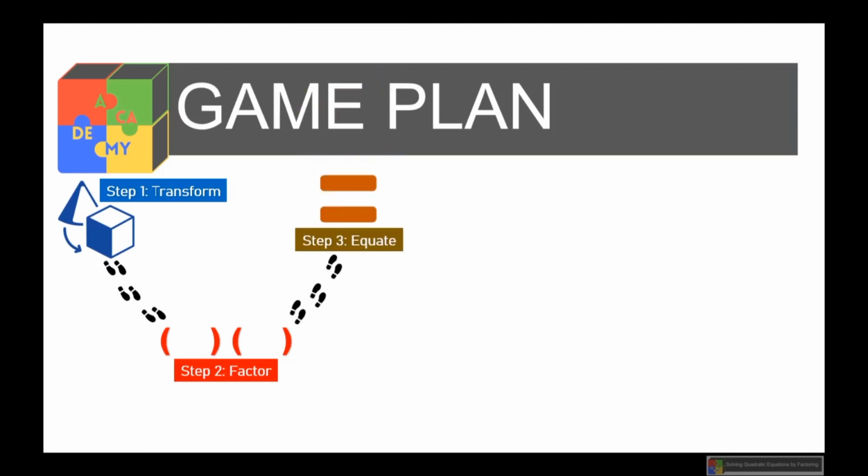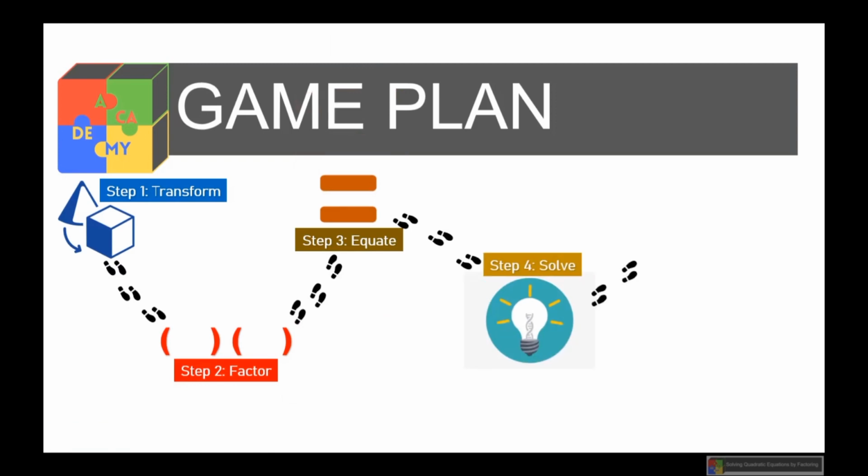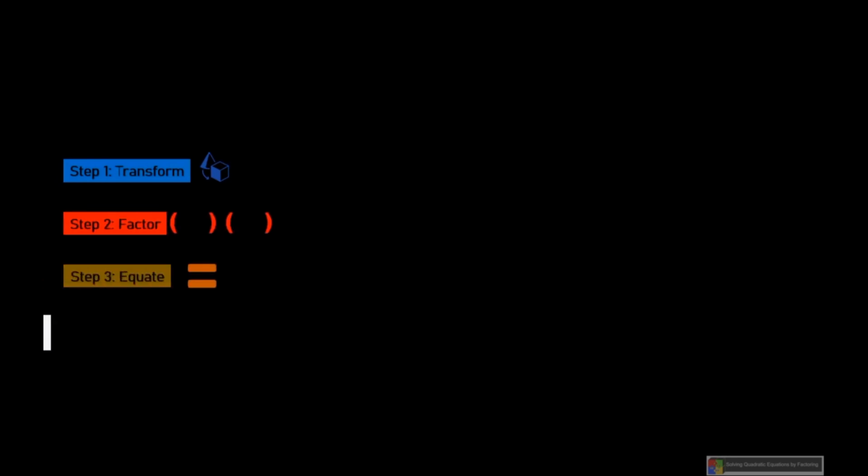For our third step, use the zero product property to equate each factor to 0. Step number 4, solve the resulting equations. And for the final step, we need to check if the obtained roots are accurate by substituting them to the original equation. And yes, we will try to apply these steps in solving the examples on the screen.